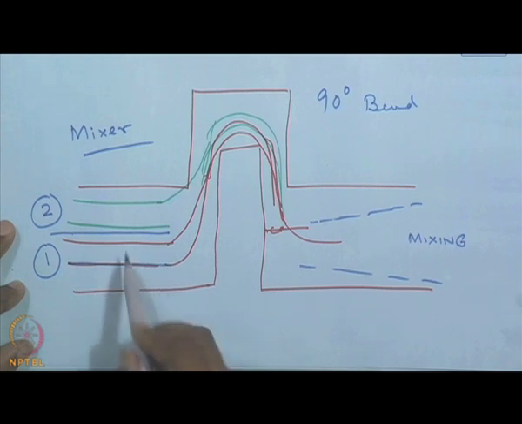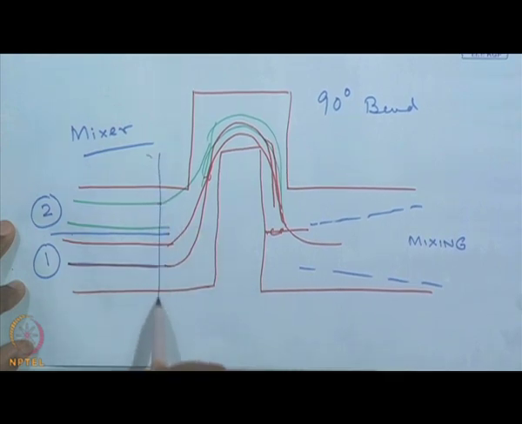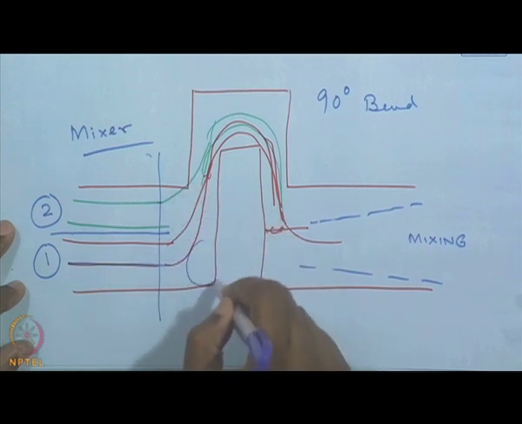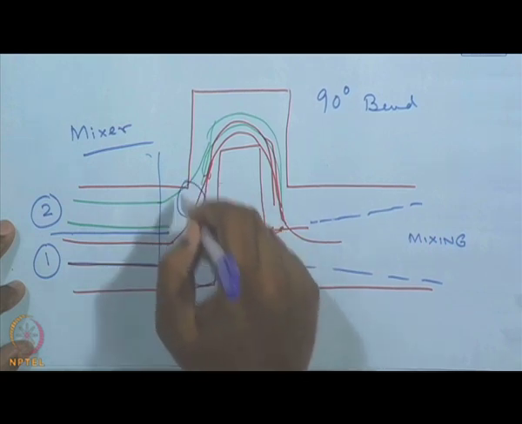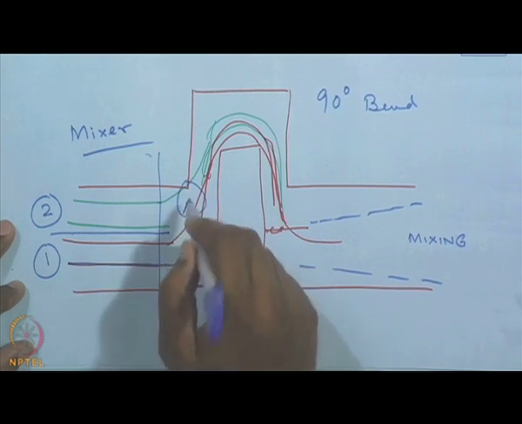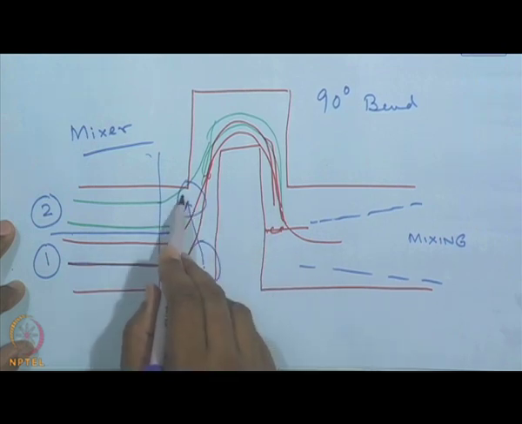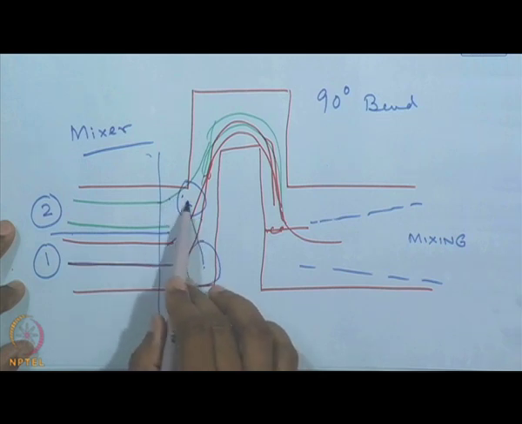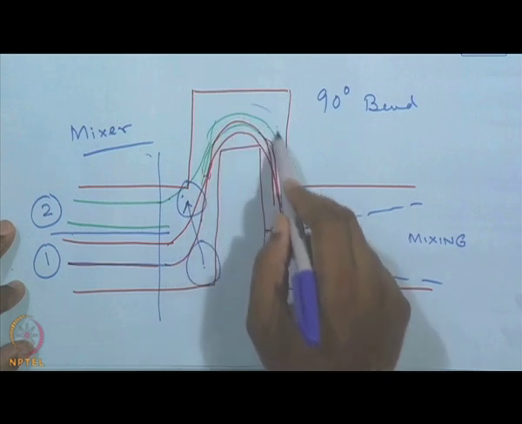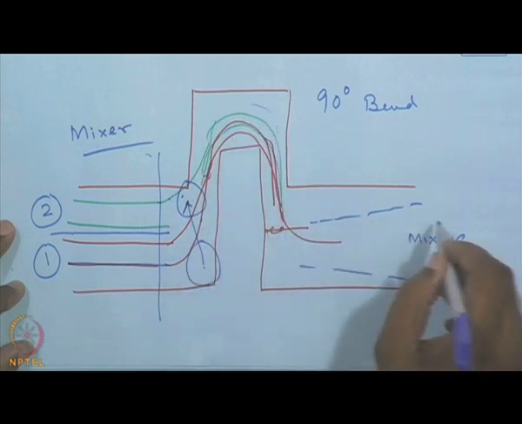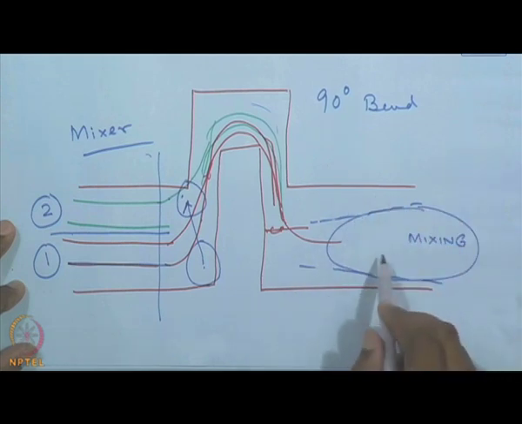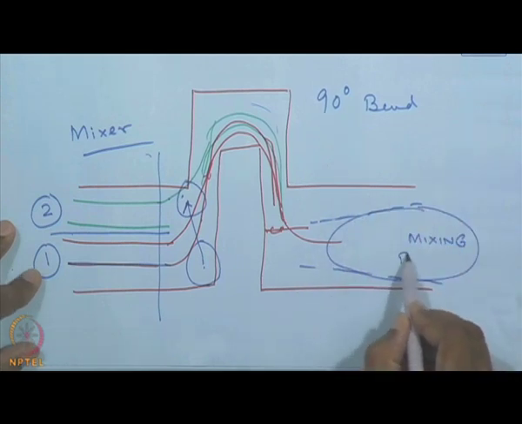What would happen is that the pressure gradient up to this point will be linear, and over here there is going to be a high pressure zone and a low pressure zone that would cause the fluid to move from one side to the other, and therefore the green fluid and the red fluid will mix, and they will mix further.